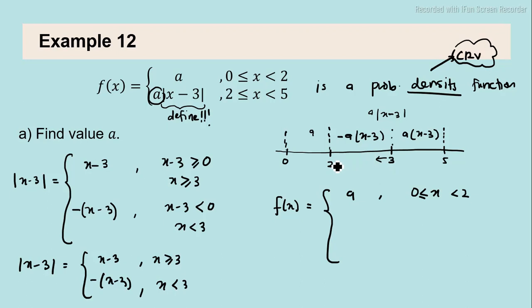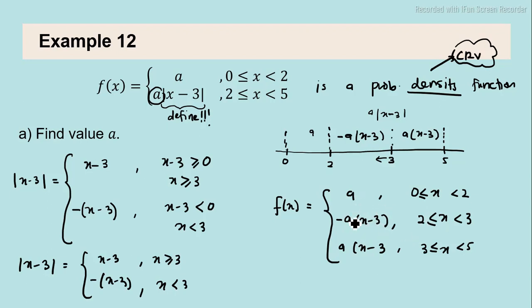And then for x between 2 to 3, your function is negative A x minus 3. And for x between 3 and 5, your function is positive A x minus 3. So ini adalah fungsi kamu, piecewise function.